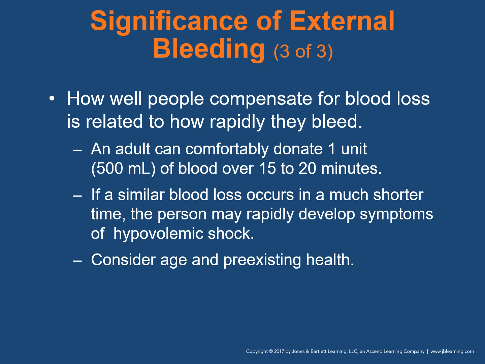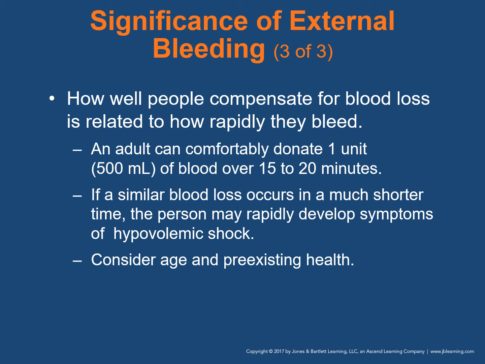However, if that happens over a shorter period of time, so I lose 500 milliliters in 5 minutes because of a significant bleed, I'm going to start to show signs of hypovolemic shock. And as we've said, age and pre-existing health conditions are going to affect how well I compensate.